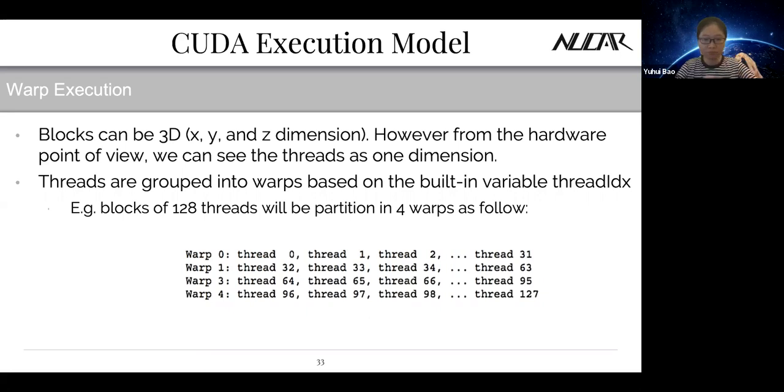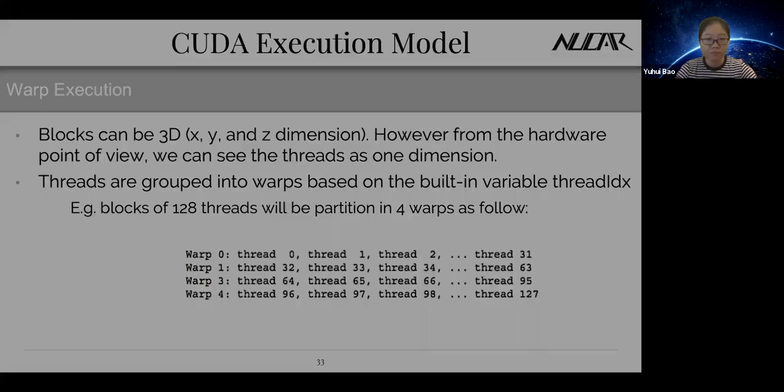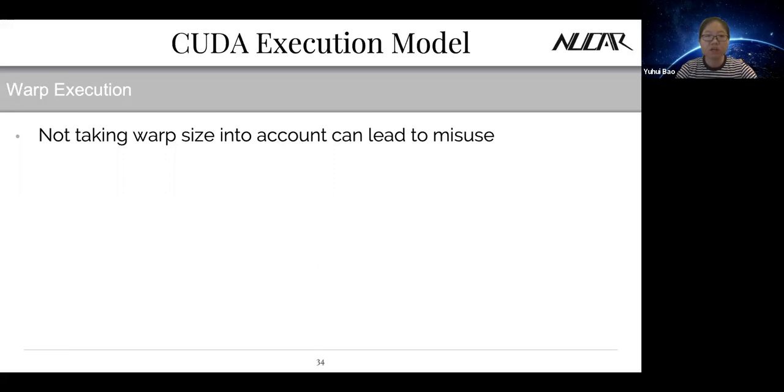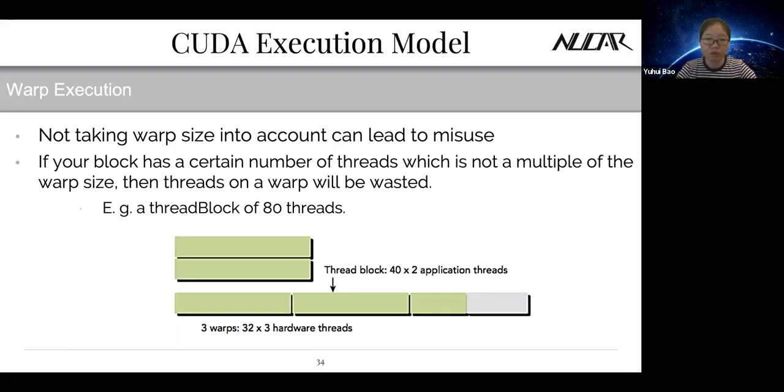But for the programmer, you don't need to write or program anything related to the warp. It is totally handled by the hardware, but it's better that you are aware of the warp. The benefit of being aware of the warp is that if your block size is not a multiple of the warp size, you couldn't fully leverage the hardware.